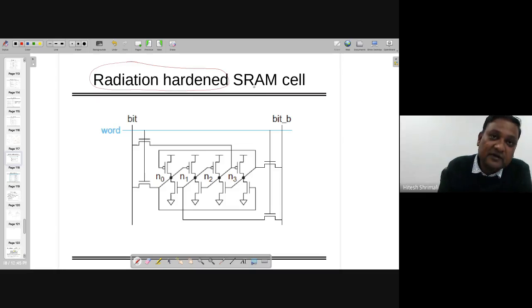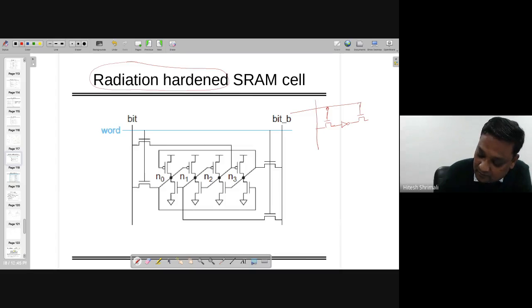So we are saying that if I want to make such a radiation hardened SRAM which is going to be sent to the satellite, we need to make sure that it's not going to flip the bit, right? So in that case, its structure is similar, where if you remember in the case of SRAM, we are going to have such structure, right?